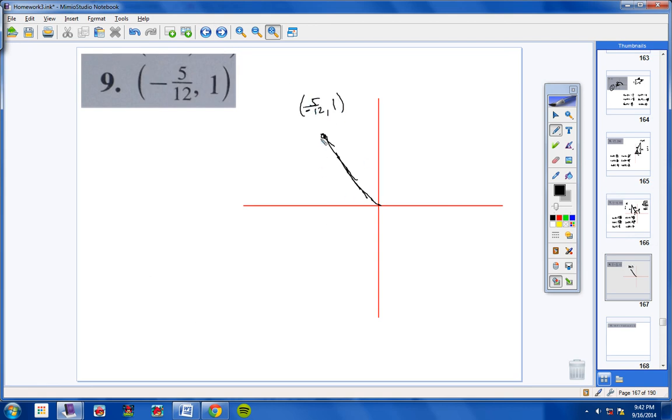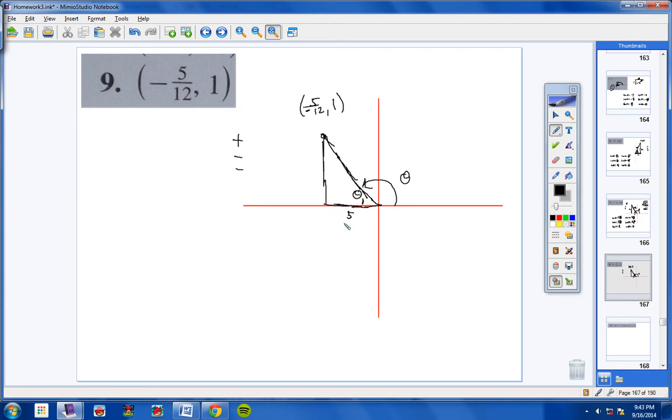So let's draw this down like this, and let's go over like this. So here's your theta, but we're going to use this theta here as long as we remember that the signs for your 6 trig values are positive, negative, negative. And so with that in mind, let's go ahead and label our sides.